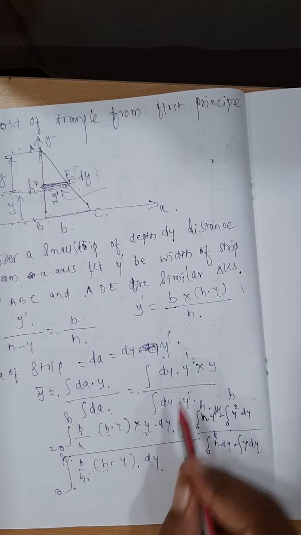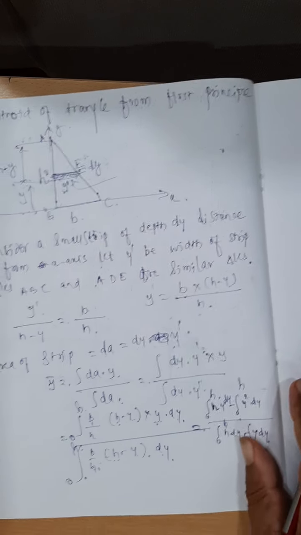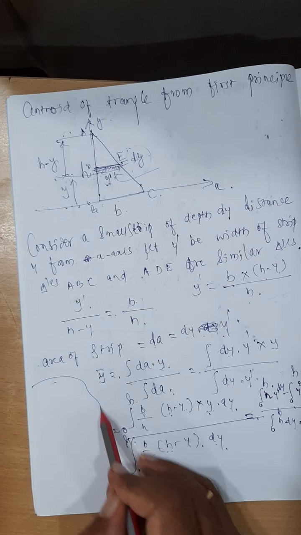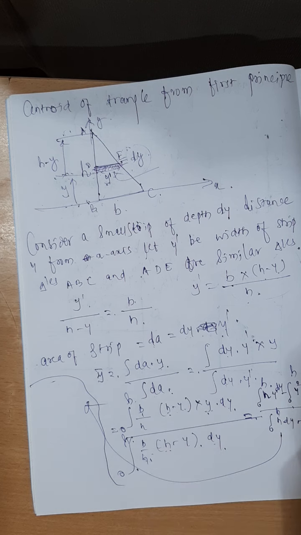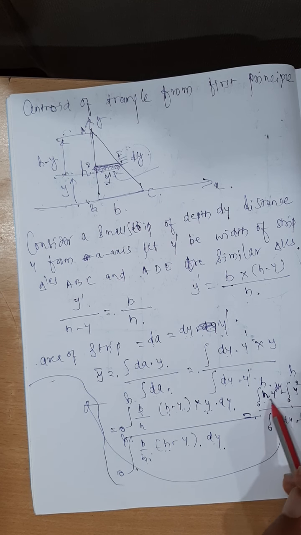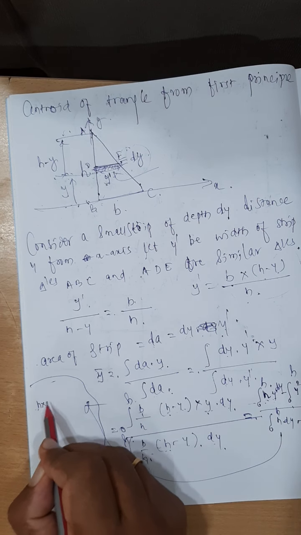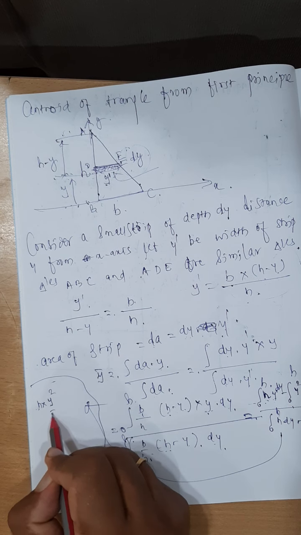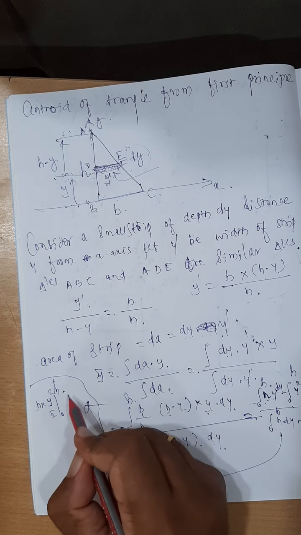As the space available is limited, I want to finish it here. In the numerator, h is constant, and the integral of y dy is y square divided by 2, so h into y square by 2 minus y cube by 3, with limits 0 to h.